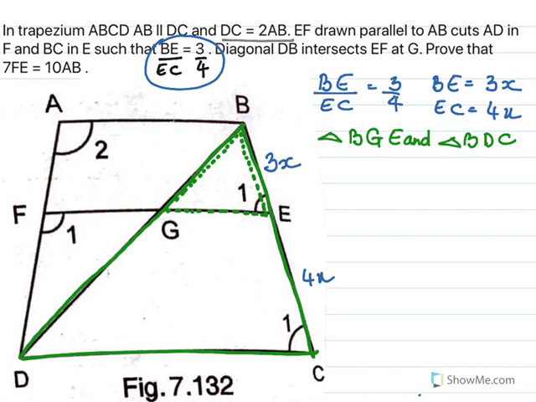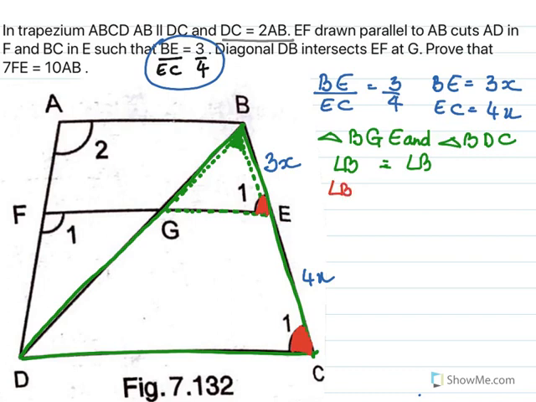We know that angle 1 here equal to this angle 1, corresponding angles, and here we have angle B is common, so the triangles are similar by AA test. So angle B equal to angle B, and then here I write angle, this is angle E, that is B, I'll write it in red.